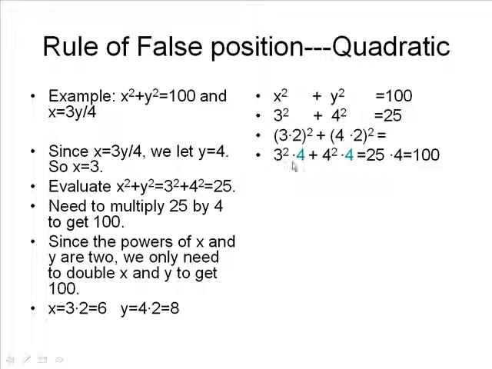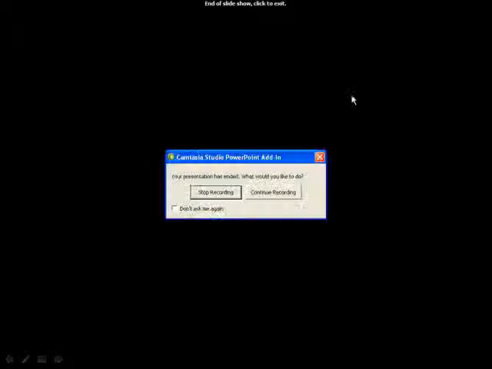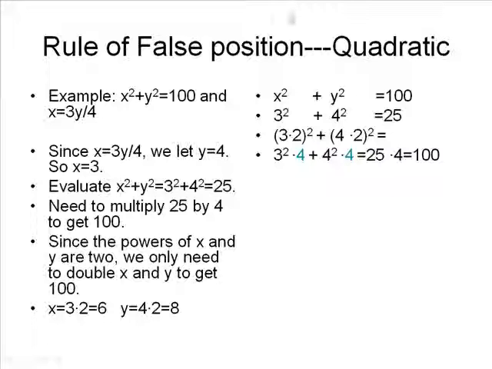And you will notice that if we double x and y, the left side is multiplied by 4. So that's exactly what we want. If the left side is multiplied by 4 and the right side 25 is also multiplied by 4, we get our answer 100.